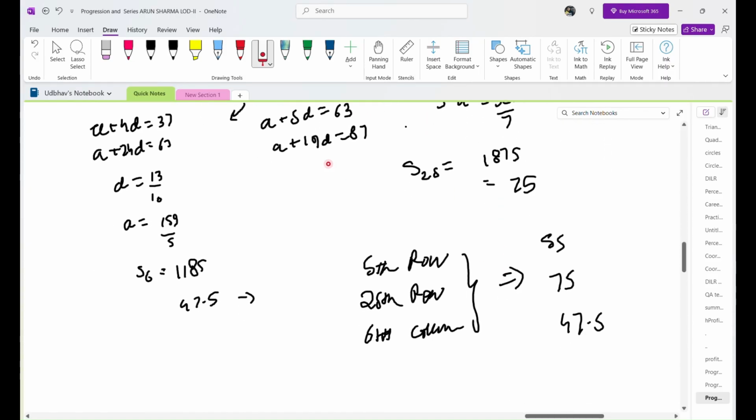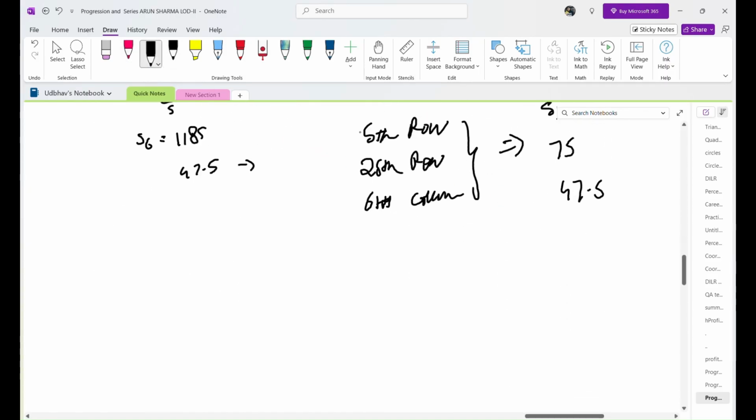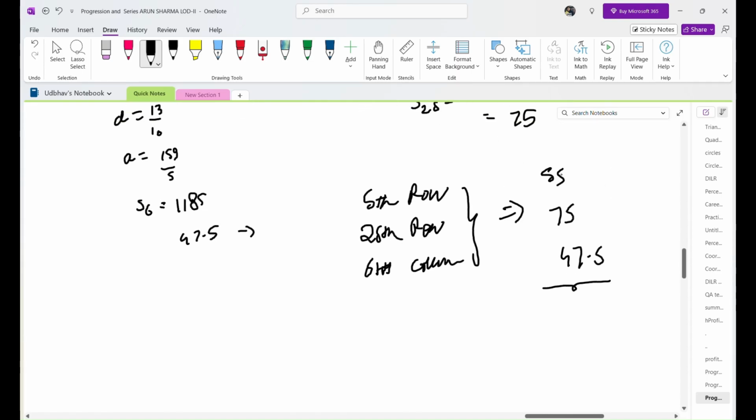So like we are having this, this, and this. If we just add and find the final average of this, 55 plus 75 plus 47.5, let me see what we will get. 55 plus 75 plus 47.5, we'll get 177.5 divided by 3, and we get a number around 60.